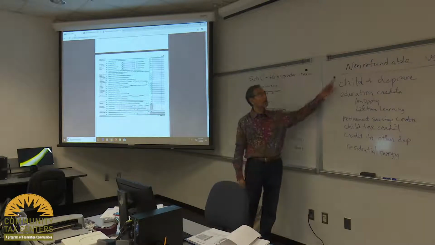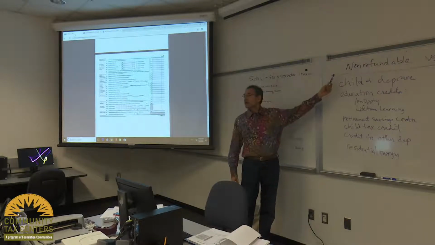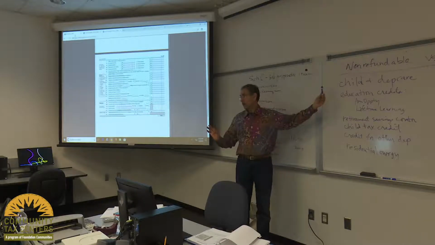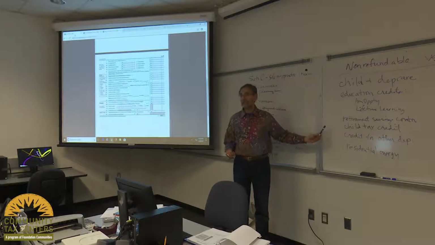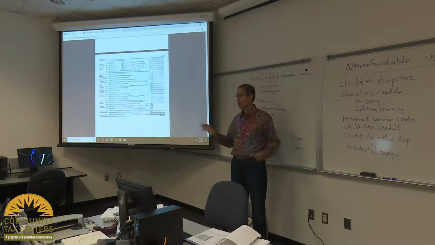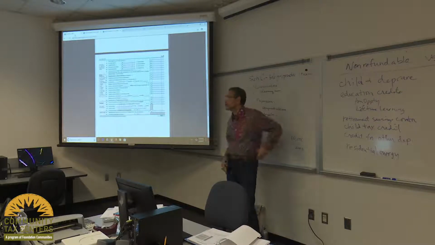So yes, the non-refundable can lower your tax liability to 0. But if you have non-refundable credits in excess of that tax liability, you lose them. You walk away, because it can only serve to lower your tax liability to 0. Beyond that, sorry, can't carry them forward. Can't use them next year. That's life.